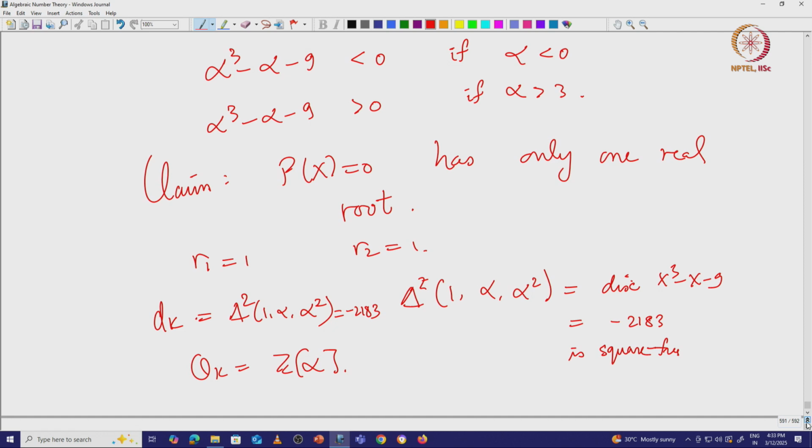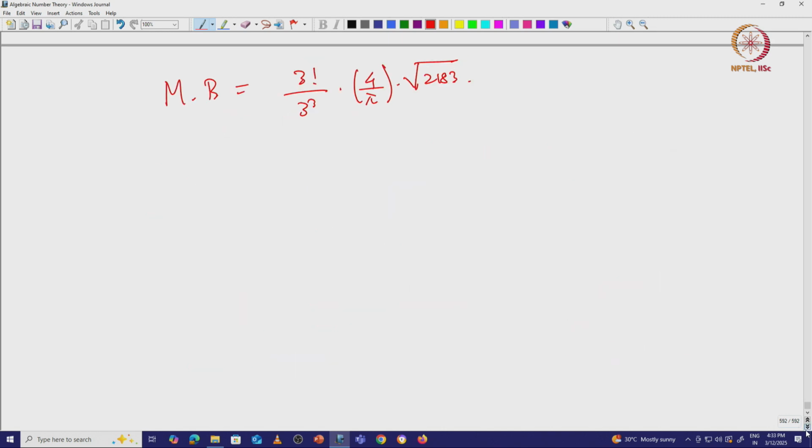Now, maybe I will not need this claim. There is one more way of deducing that R1 is 1 and R2 is 1 without the above claim, and this is done as follows.